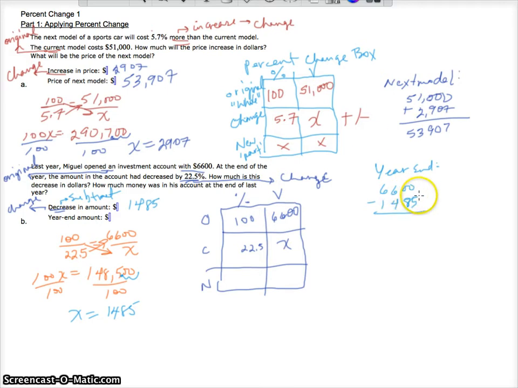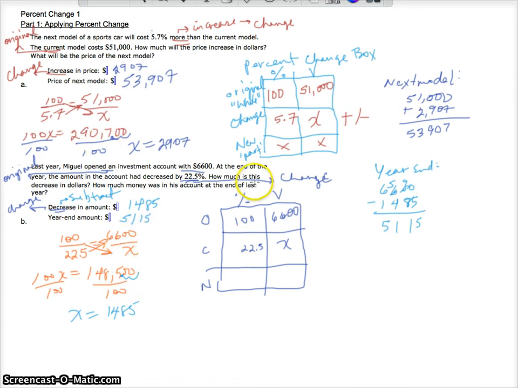So my year end amount is going to be 6,600 minus 1,485. So I'm going to borrow down, that's going to be 5. This is going to become 9 because that bar to 10. 9 minus 8 is 1. 5 minus 4 is 1. 6 minus 1 is 5. So my year-end amount is $5,115.